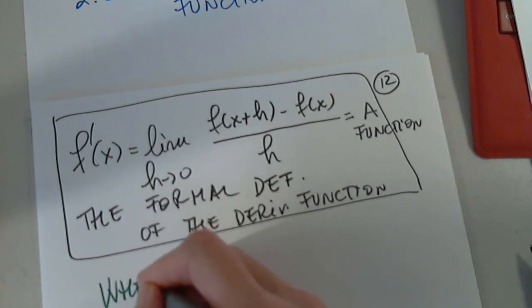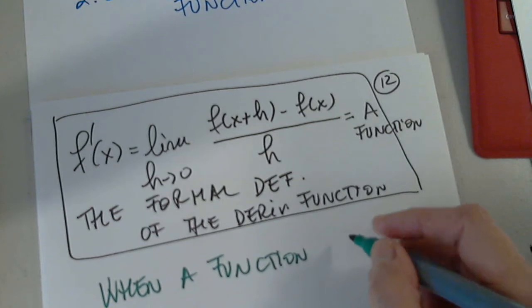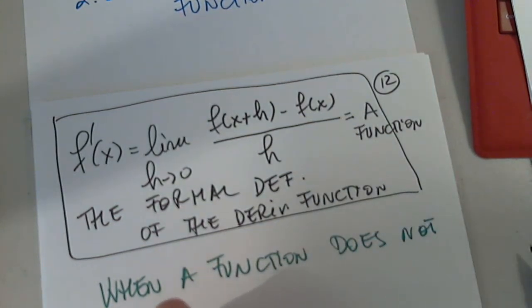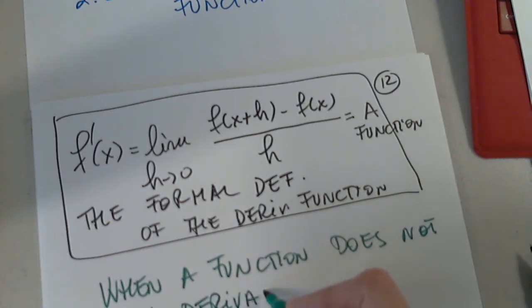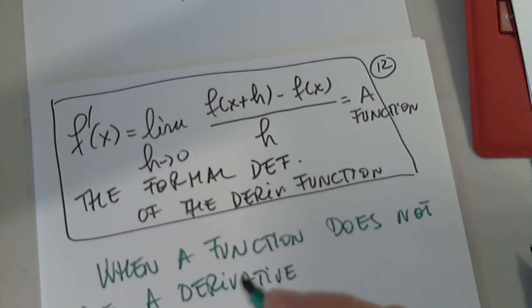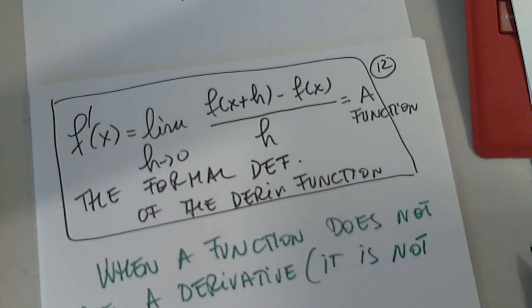When a function does not have a derivative, instead of saying does not have a derivative, we say it is not differentiable.